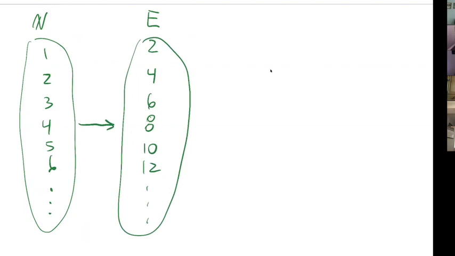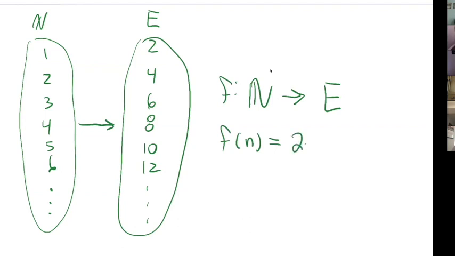Yep, and what I'd like to find is some injective map from N into E. Maybe f of a equals 2a. Yeah, exactly. So we can define a map where for each natural number N, we map it to 2N.